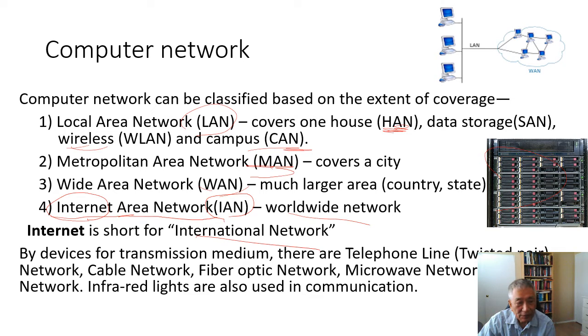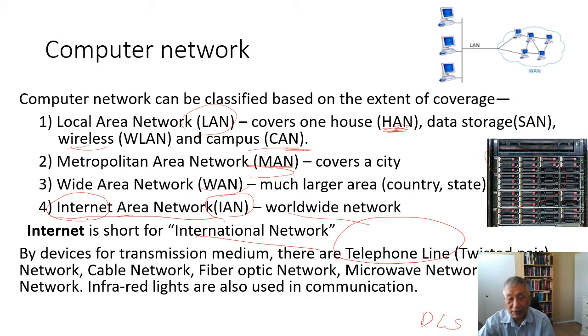And then by transmission medium, there is the phone line. In the old days it was all phone line they used for the connection. Not only is this used for voice, but also for internet connection. Even these days, you have heard about DSL.